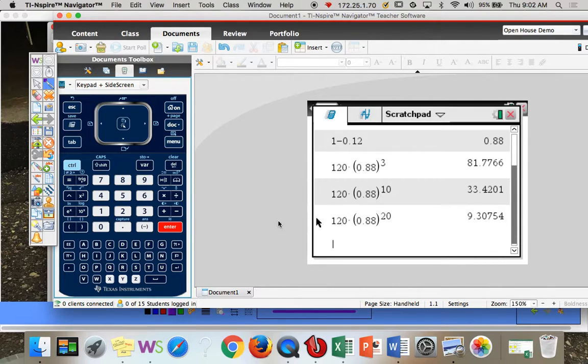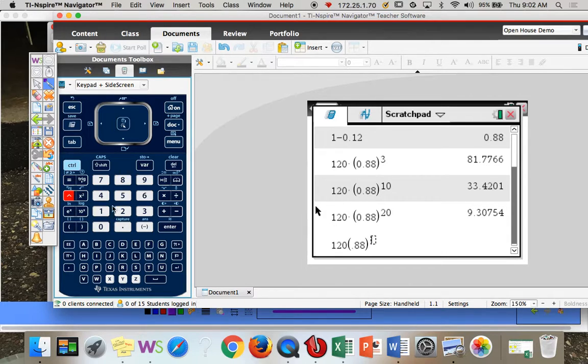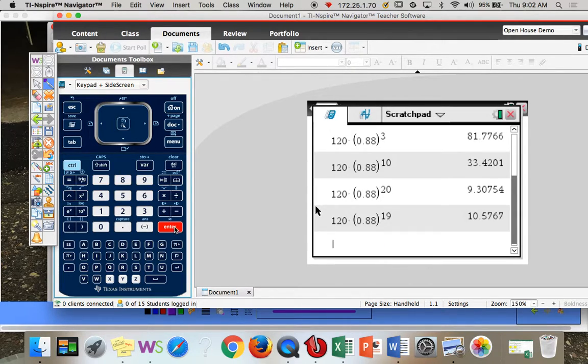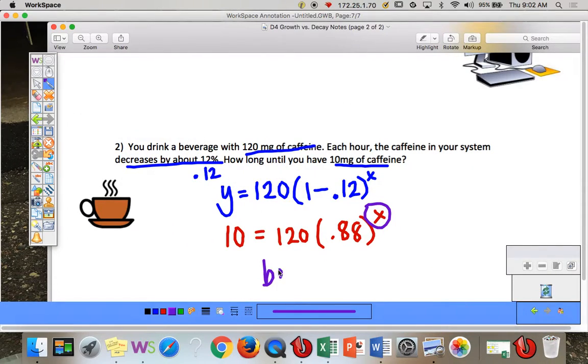Okay, so it's close to 20. 20 was too low, so I have to go a little bit higher. Let's go backwards, 19. Okay, so it's between 19 and 20 hours is when it will reach 10 milligrams of caffeine.